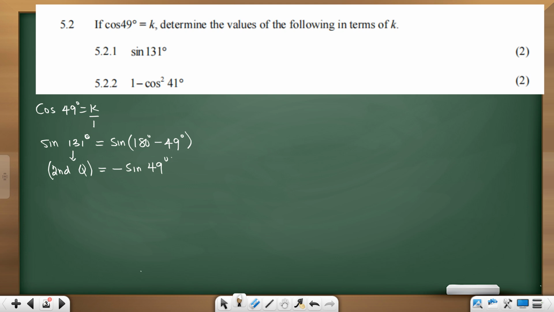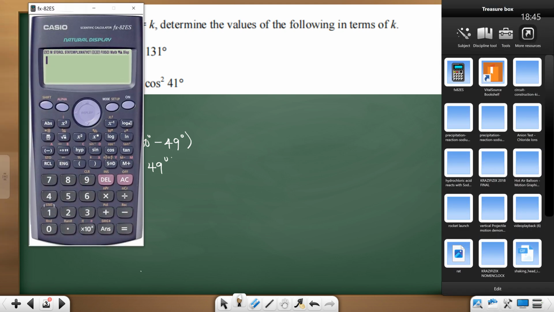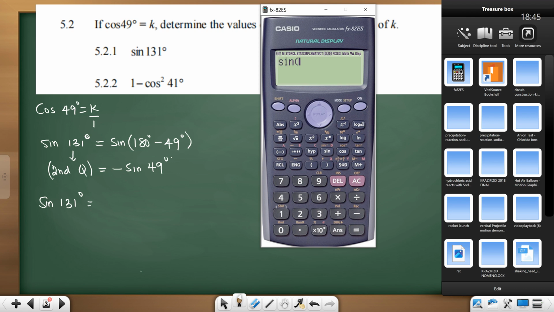Okay. The question is, how do I get that 49? Look at what I do. I just use my calculator, and I'll show you quickly. I showed you last week. I'll go to my calculator. Let's see if we're going to get the same answer. Sine 131 equals. Okay, I'm not going to write that down.